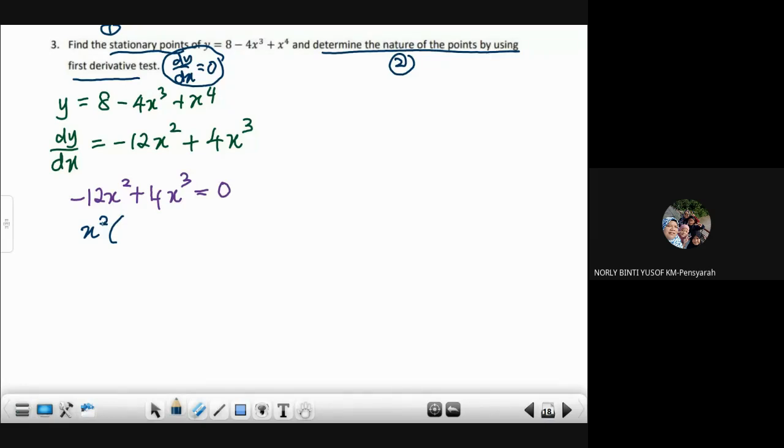Sebab 12, 4 ada 12. So you keluar 4x squared. So 12 bagi 4, negatif 3, x squared dah keluar habis. Plus 4 dah keluar. X kuasa 2 keluar, tinggal x sajalah. So negative 3 plus x equals to 0.